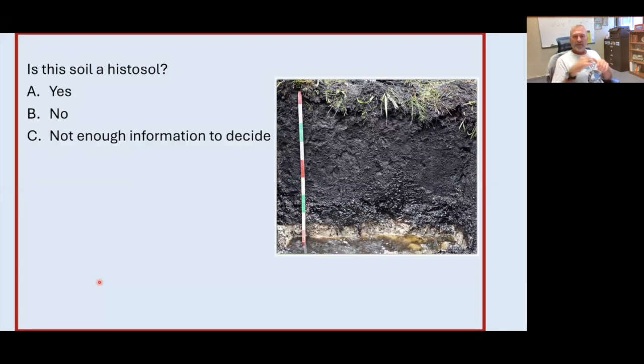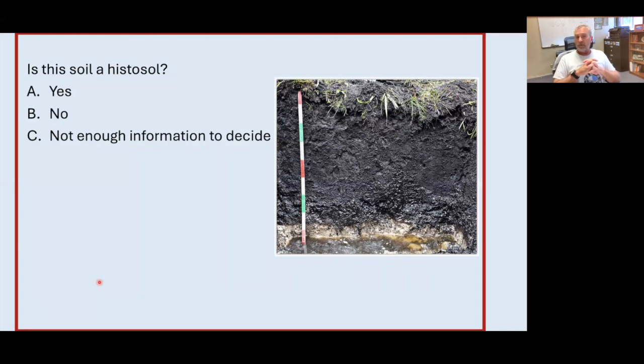Okay, so a few minutes ago, I utilized the term histosol. So can you tell me if this is a histosol or no? Or do you even have enough information? Well, what would be that characteristic? Remember, it needs at least 40 centimeters of this hydric soil in order to be a histosol.